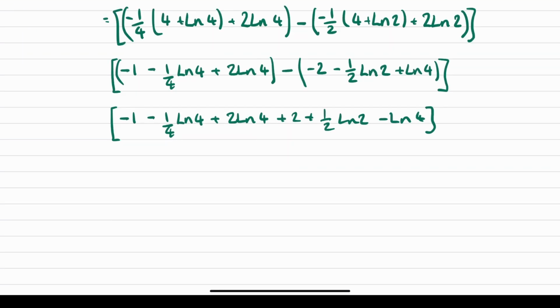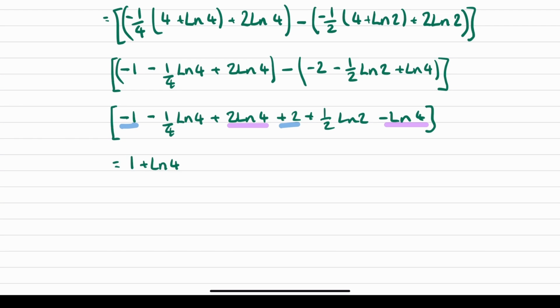Now we can tidy this up. We've got the negative 1 plus the 2. The 2 ln 4 take away 1 ln 4. And then the negative quarter ln 4 and the positive half ln 2. If we work this out separately, we've got 1 over 4 times the natural log of 4, which I can write as 2 squared, plus the 1 over 2 ln 2.